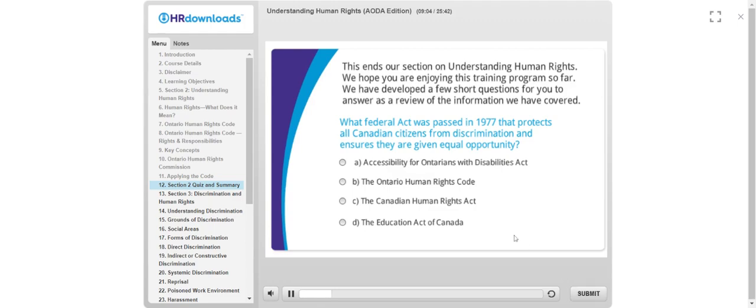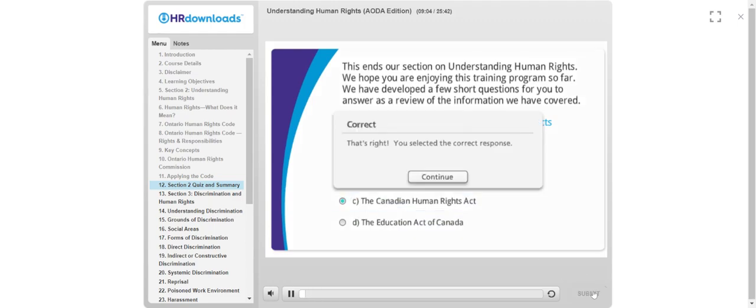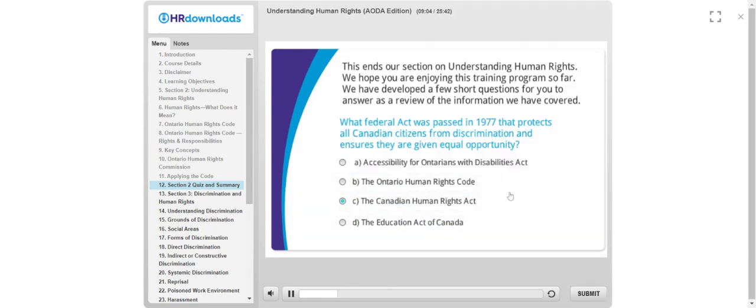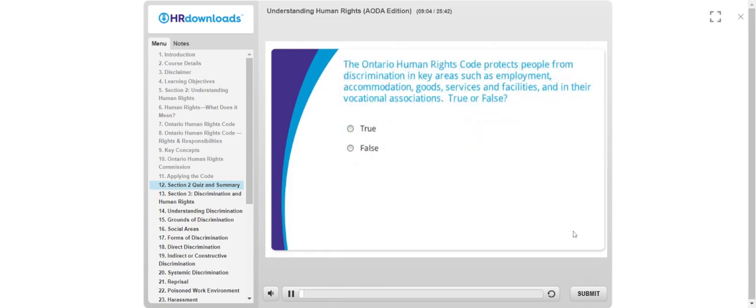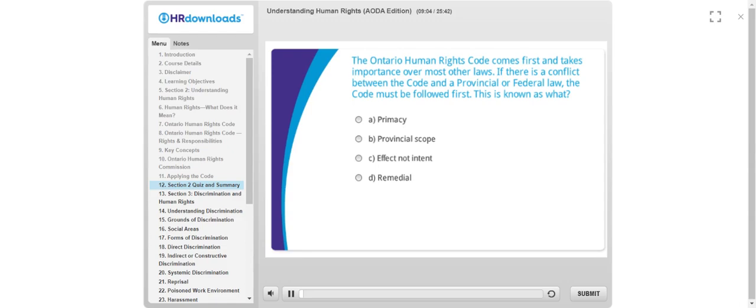Question 1. What federal act was passed in 1970? The Ontario Human Rights Code protects people from discrimination in key areas such as employment, accommodation, goods. Question 3. The Ontario Human Rights Code comes first and takes importance over most other laws.